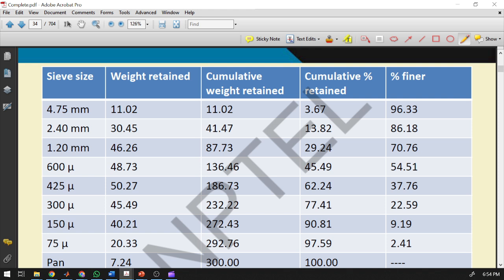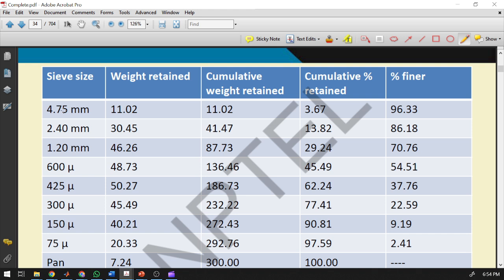So from the sieve analysis, we calculate the weight retained on each sieve size, and we then calculate the percentage finer than this weight.